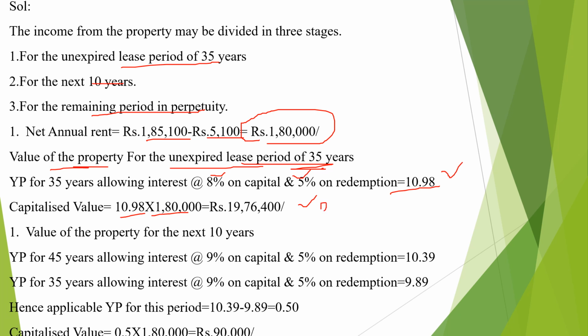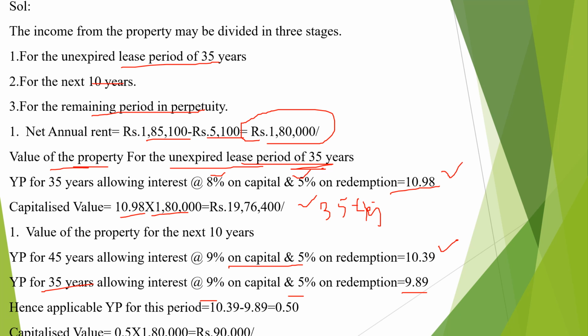Then from 35 to 45 years, means for the next 10 years, YP at 9% and 5% dual rate for 45 years is 10.39, and for 35 years YP at 9% and 5% is 9.89.